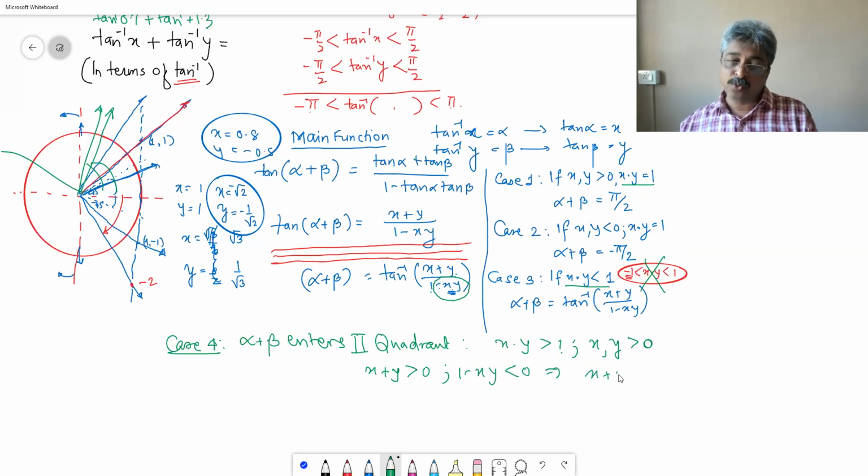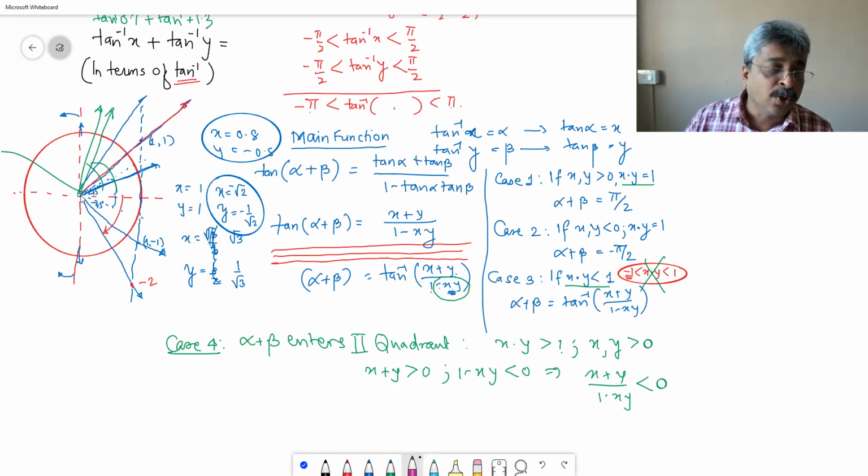Therefore, x plus y upon 1 minus xy is less than 0. Understand? This is correct.